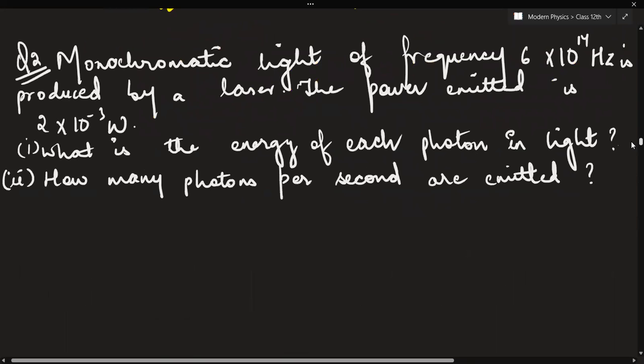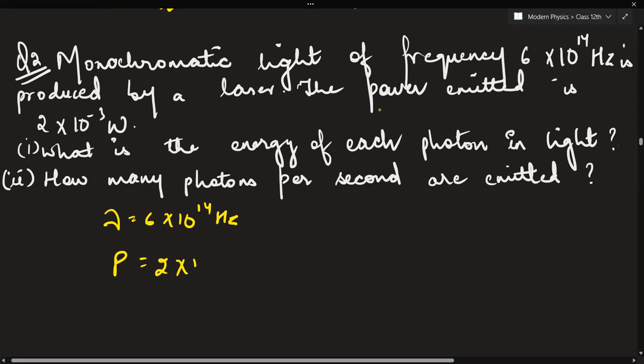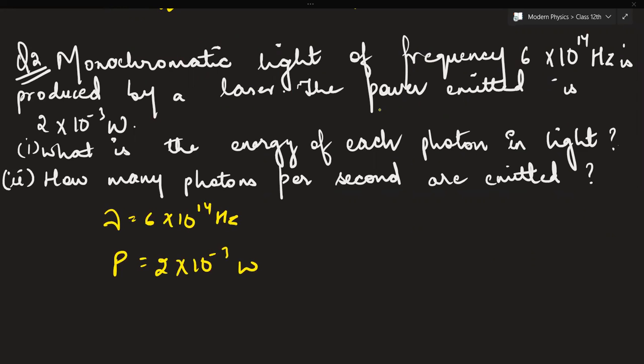Okay, class. Monochromatic light of frequency 6 into 10 to the power 14 hertz is produced by a laser. Power is given here: 2 into 10 to the power minus 3 watt. The first part asks what is the energy of each photon in the light.